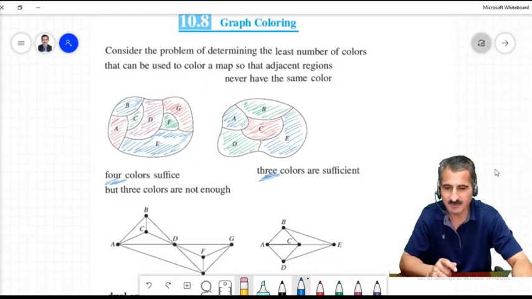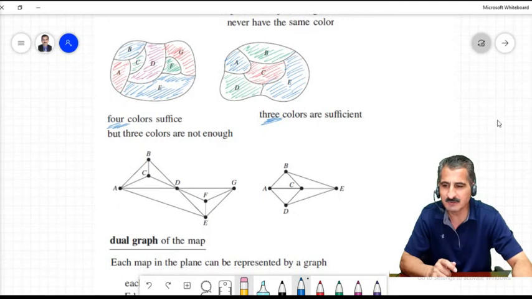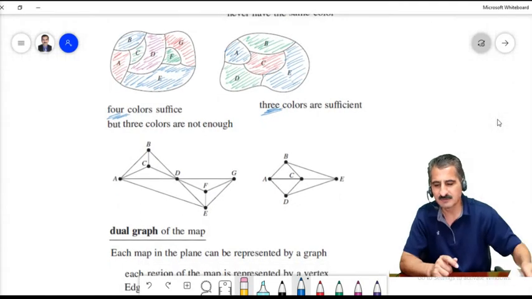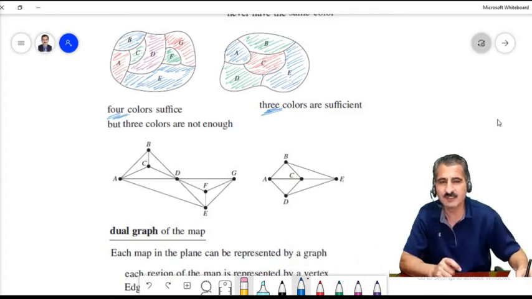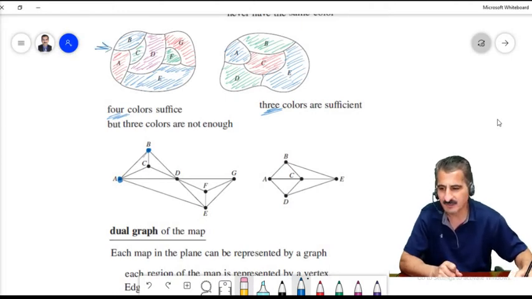Okay, how do we do it? We will use vertices to denote the areas. So for this area B, we used a vertex B, and this is vertex A. Now, because B is adjacent to A in this graph here, we connected them with an edge.